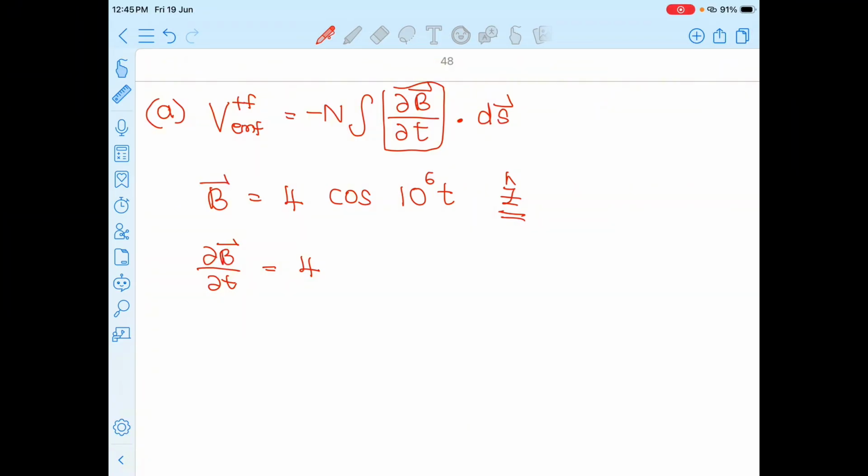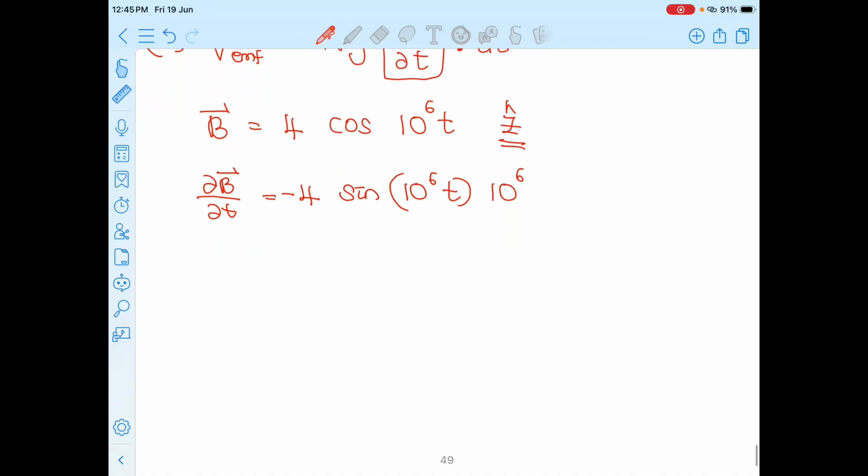For the cos, you differentiate, you will get sine with a negative sign, and for the 10 power 6 t itself, you differentiate with respect to t, you get 10 power 6. So this will be equal to negative 4 times 10 power 6 sine 10 power 6 t in the z direction.